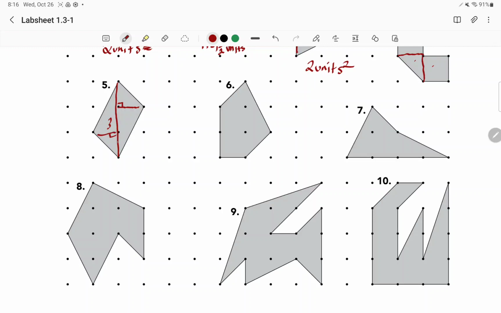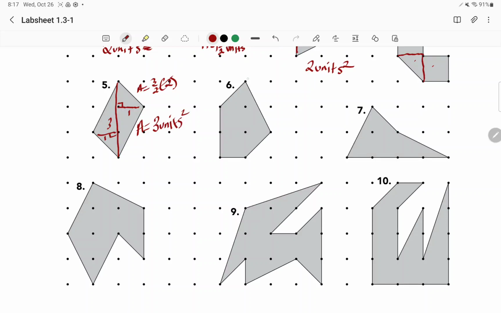This too has a height of 1. So each one of these triangles has the area of 3/2, because it would be 3 times 1 divided by 2. And since there are 2 of the triangles, you would just double that, and those 2's would cancel. So the area of this parallelogram is going to be 3 units squared.